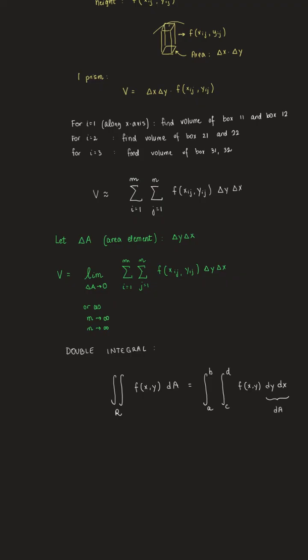And a couple of things to notice here. The inside integral, c and d, corresponds to the first differential that we're using. So this c and d corresponds to the limits of y, and the second differential that we're using can be mapped to the limits of integration of x here.